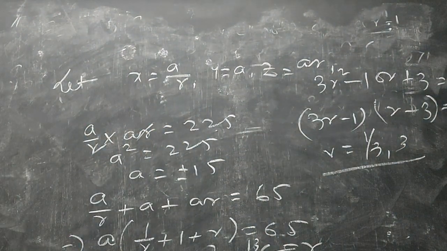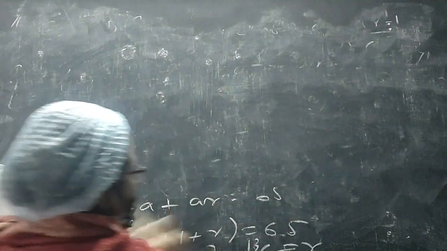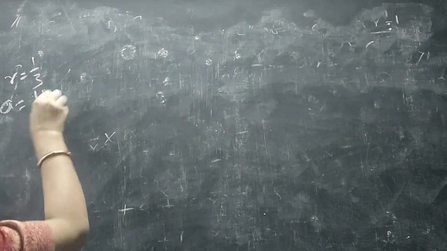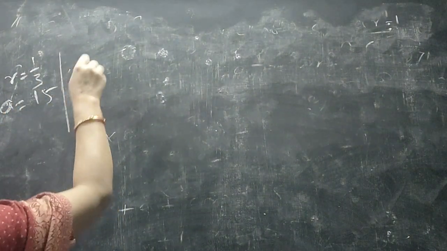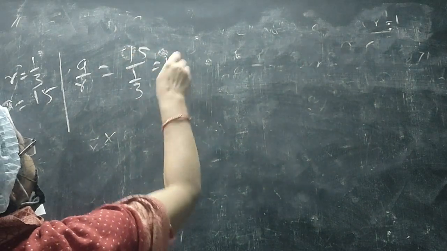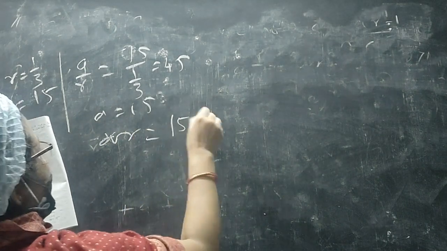After that I will get R equal to 1 by 3 and R equal to 3. If R equal to 1 by 3 and A equal to 15, so A by R equal to 15 by 1 by 3, this is equal to 45, A equal to 15 and AR equal to 15 into 1 by 3, this is equal to 5.